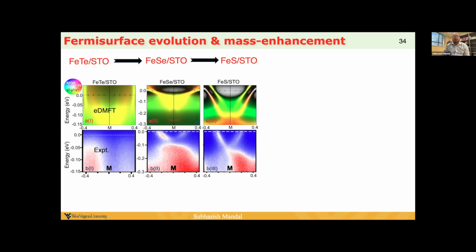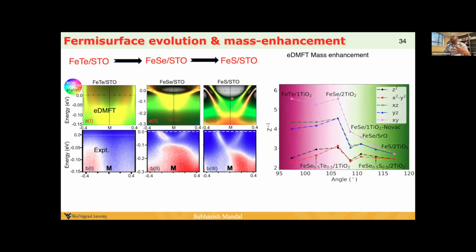We can also capture this charge transfer and the bands in DMFT. And if we calculate the mass enhancement, we do see that with the tellurium doping, there's a huge mass, and also the orbital differentiation is quite large, and the correlation strength weakens as we dope or alloy sulfur.